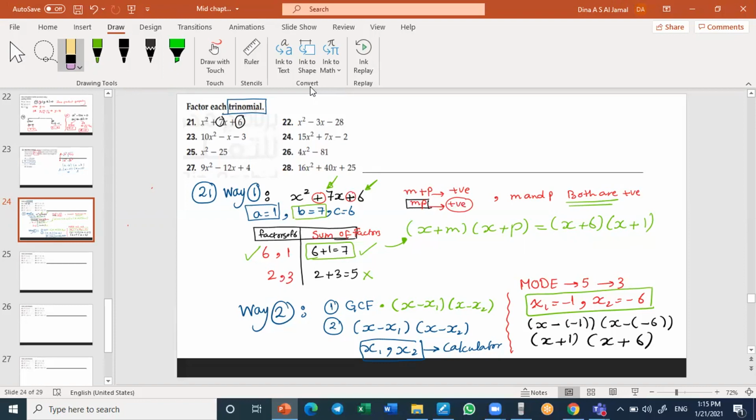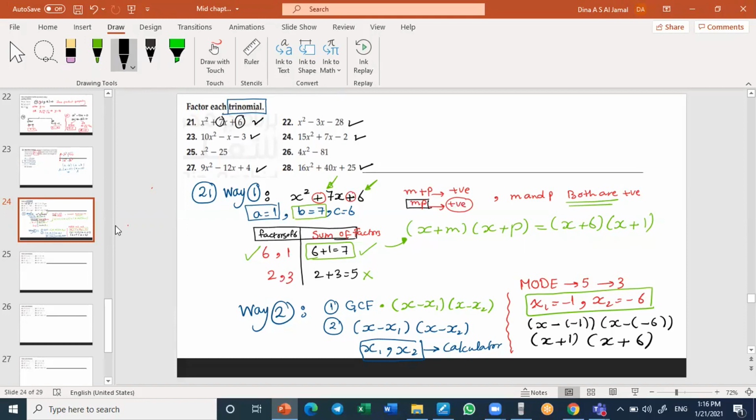You must equate it to 0, use the zero product property. But in way 2, that means you will be using your calculator from the beginning and factor it using the solution. So it is like a vice versa solution. And this was question 21, question 23, 22, 24, and 27. 28 can be done also using the calculator or the normal factorization.